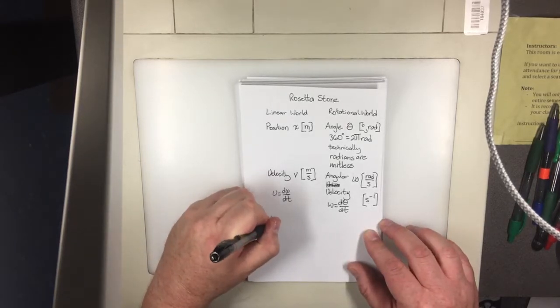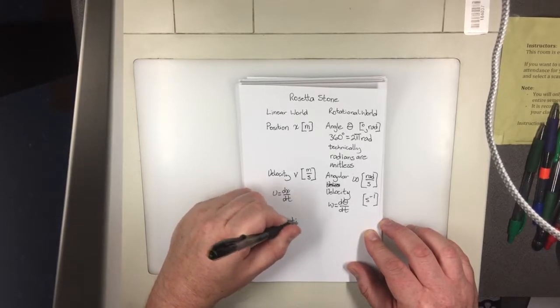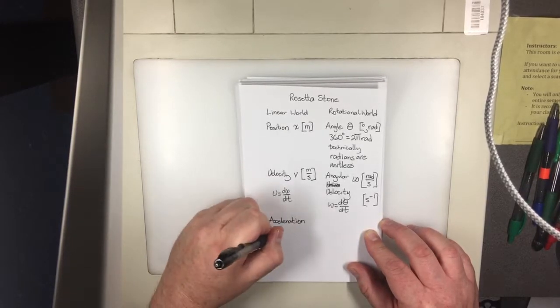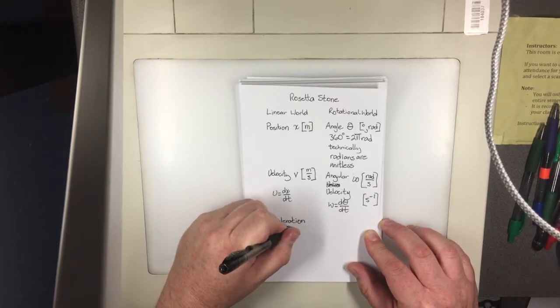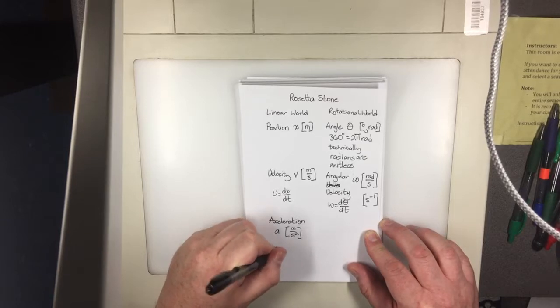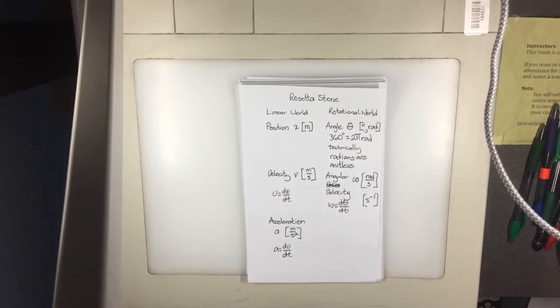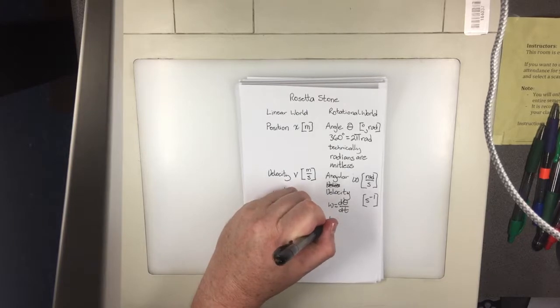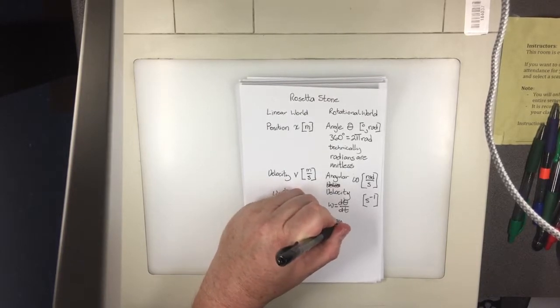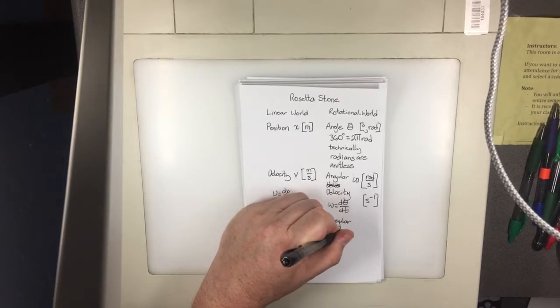We're familiar with acceleration, a, which is in meters per second squared, and a is dv/dt. The change in velocity with respect to time is the linear acceleration, something we're very familiar with. This is angular acceleration.